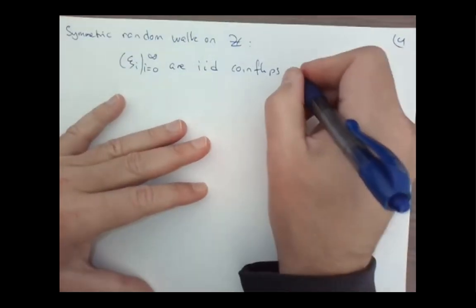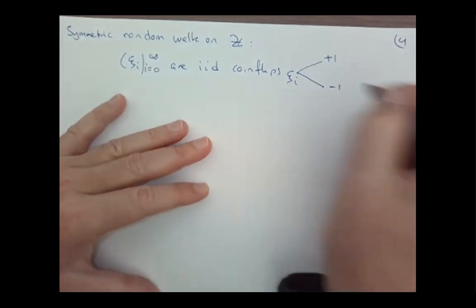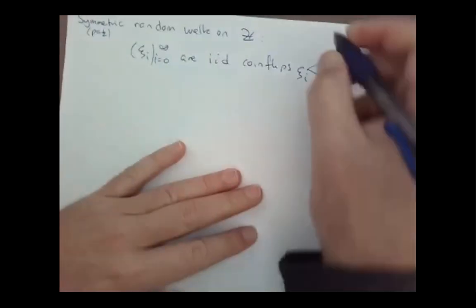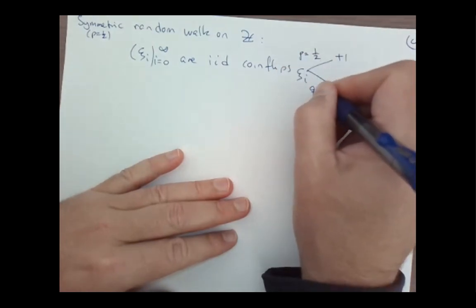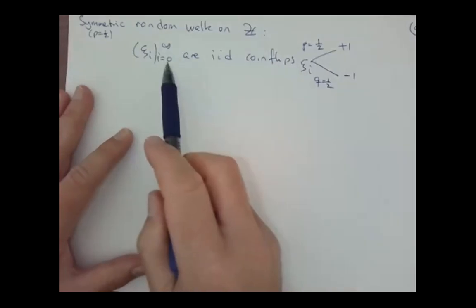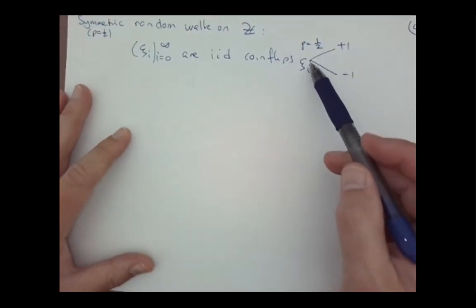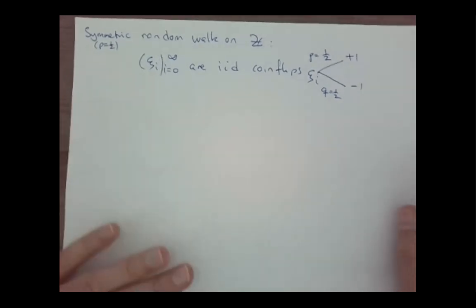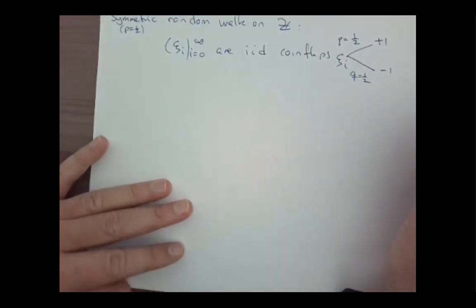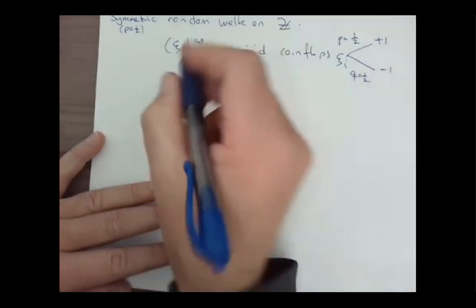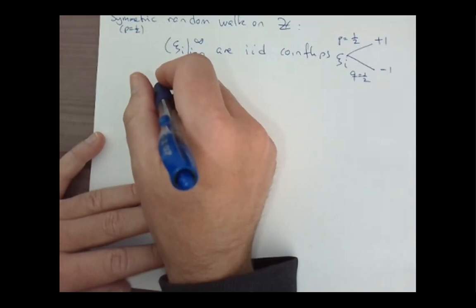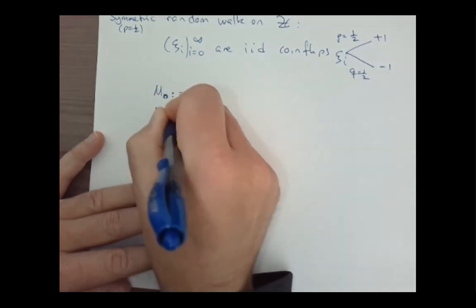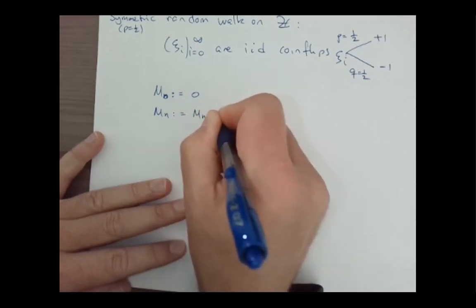Psi i can either be +1 or -1, and it's symmetric. Symmetric here means p is equal to a half. So the IID Bernoullis, the coin flips, the two possible values are equally likely, plus or minus 1. And so to form the symmetric random walk, you define M0 to be 0, and you define Mn to be Mn minus 1 plus the coin flip.